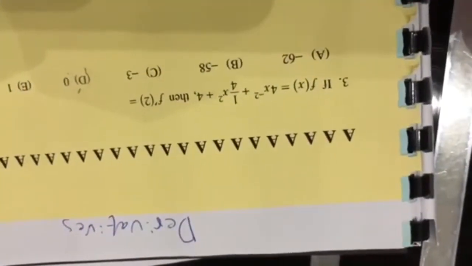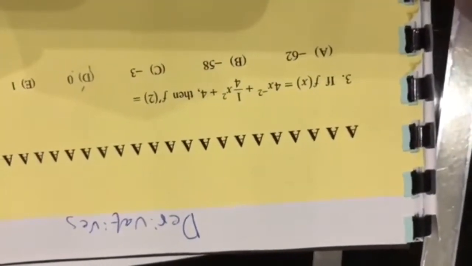So this will be minus 1 multiplied by 1, which will be minus 1. So the slope of the line tangent for this function of x is equal to 4x power minus 2 plus 1 over 4x squared plus 4.